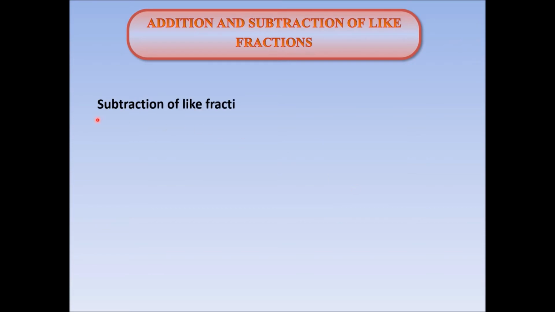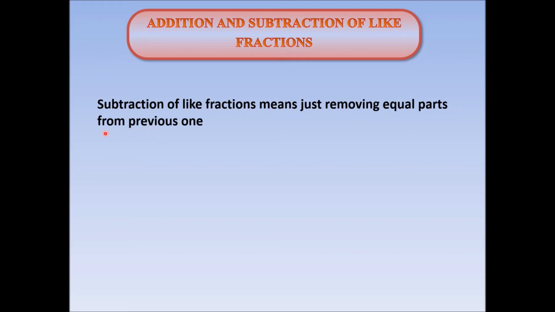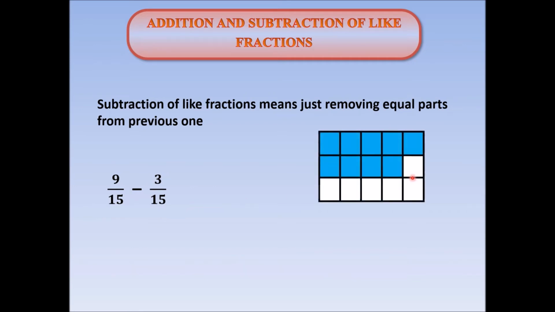So the subtraction of like fractions means just removing equal parts from the previous one. It is the same as addition. In addition we are adding the parts, in subtraction we are just removing the parts. In this example, I am taking 9 by 15 minus 3 by 15. With the example of a rectangle, this rectangle represents 9 by 15. Now I am going to subtract 3 by 15 from this.